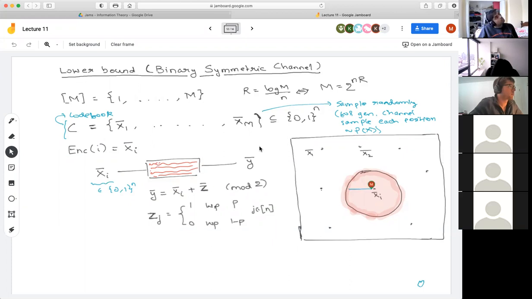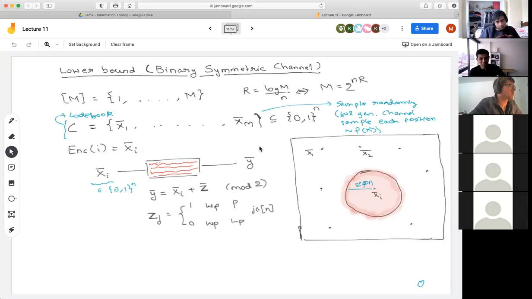It's a fuzzy ball, because we are not changing exactly p times n positions. This is the expected number of positions we are changing, and it's concentrated around this, but we'll change roughly p times n positions. The alternate way, which is also useful, is to think about an error vector.